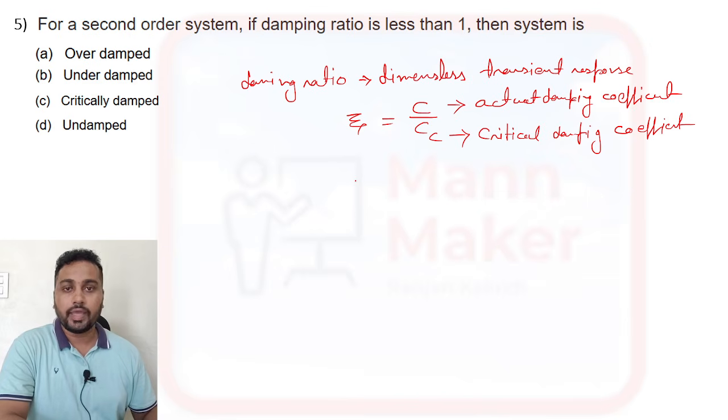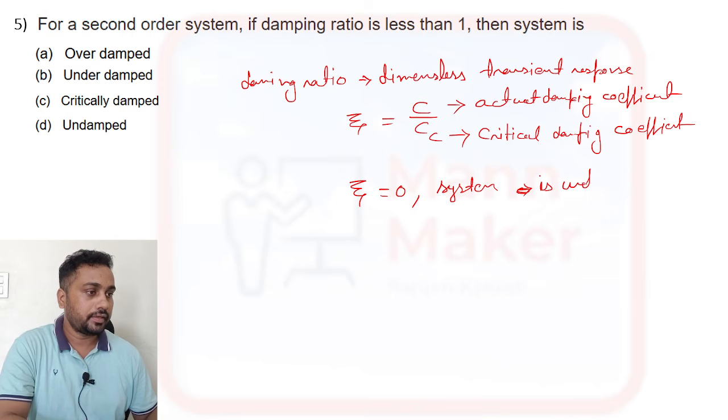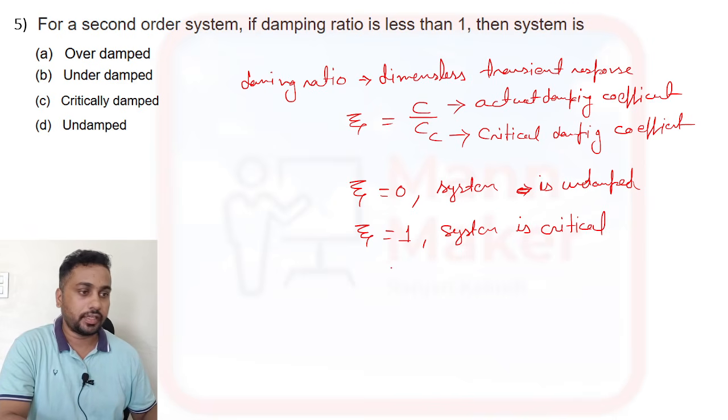So now we have some conditions. Suppose this damping ratio is equal to 0, then the system is undamped. When zeta is equal to 1, the system is called critical.